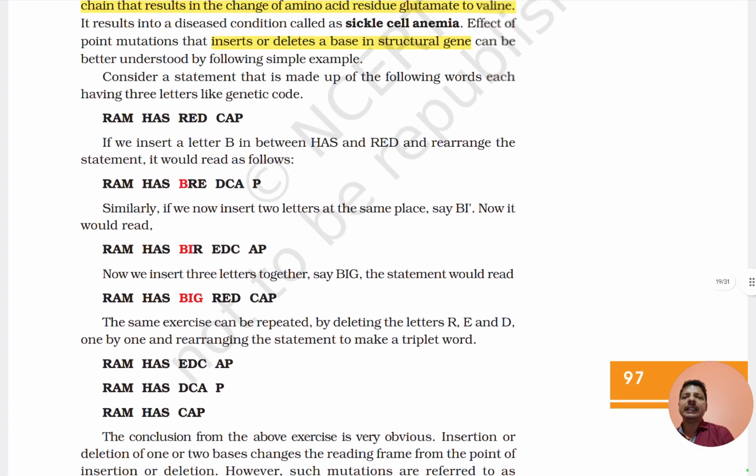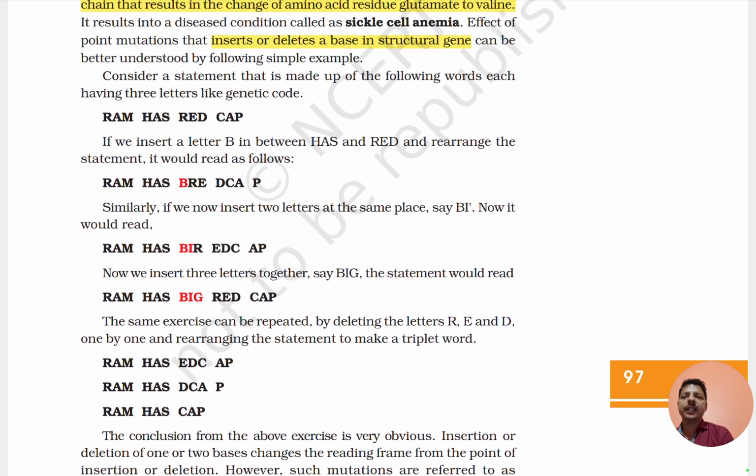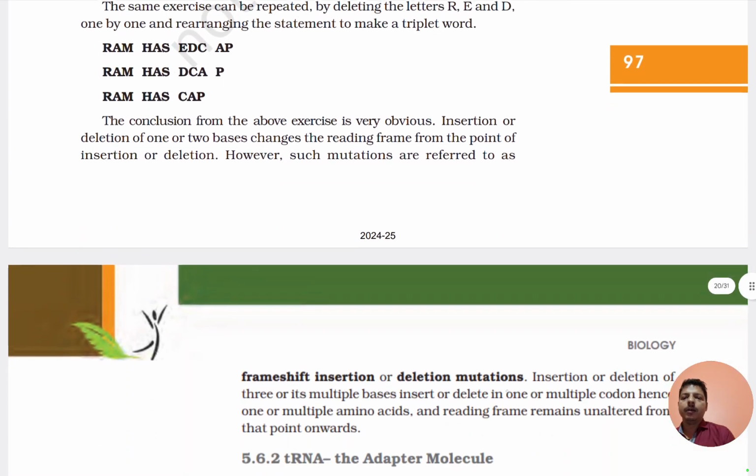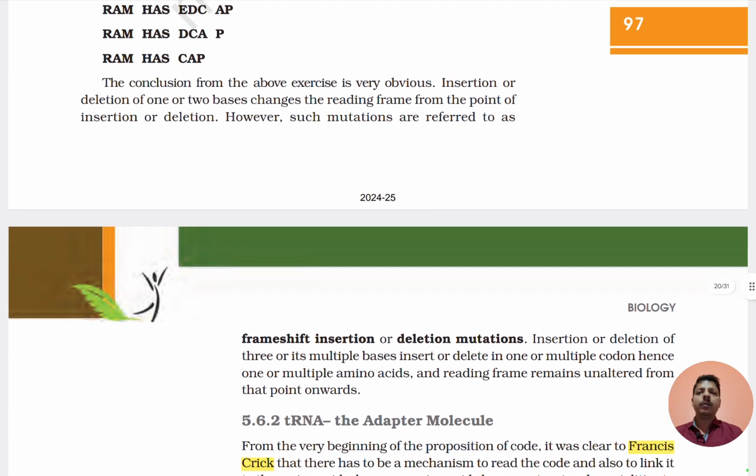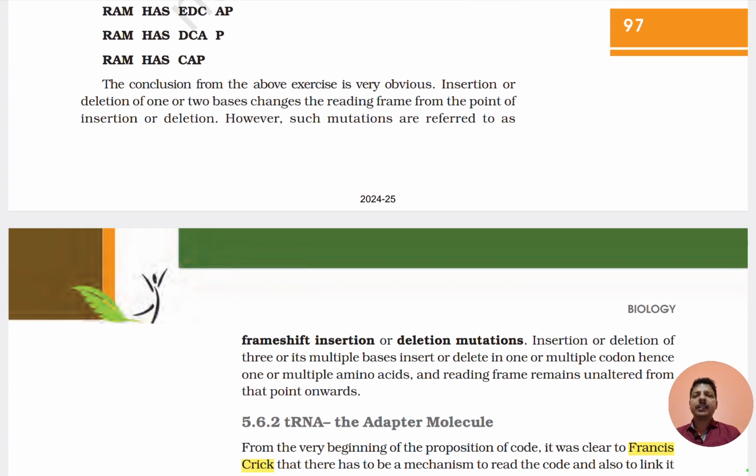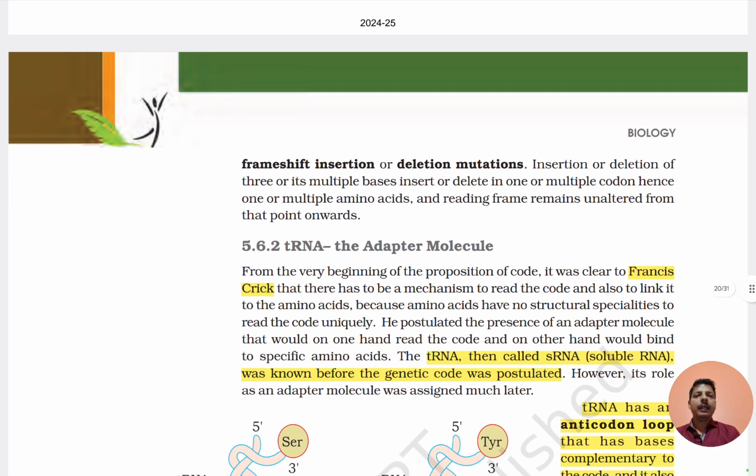Like this, here the 3 codons are inserted, and here this one is deleted. Okay, here it is deleted. Such deletion methods are called frame-shift insertion or deletion mutations. Insertion or deletion of 3 or its multiple bases inserts or deletes one or multiple codons, hence one or multiple amino acids, and the reading frame remains unaltered.